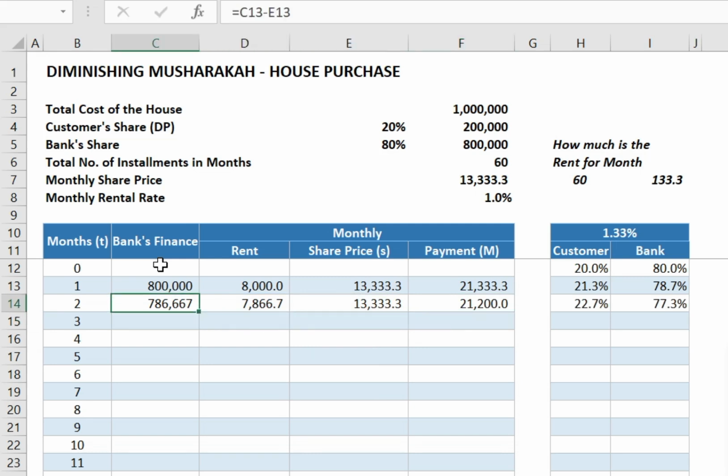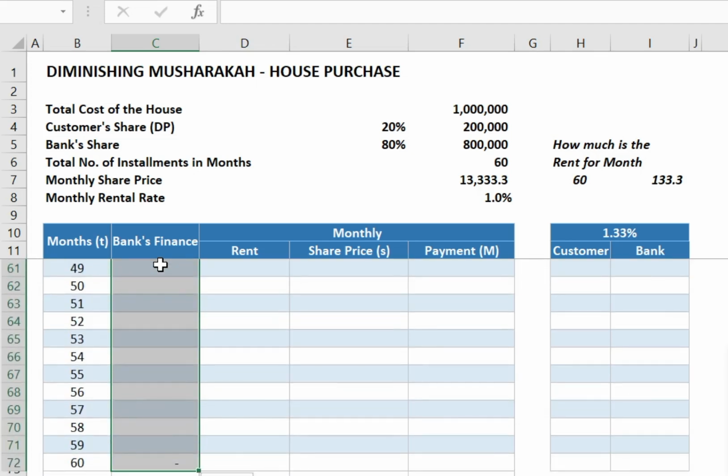To shorten the completion of this schedule, since we have already set up the formula using Microsoft Excel, by simply copying this range of cells to the last monthly payment, then we can complete the schedule.